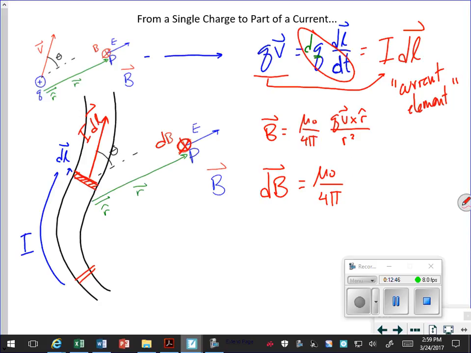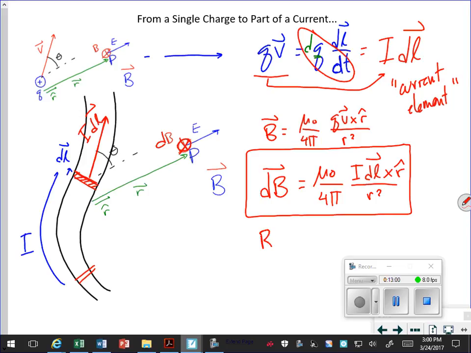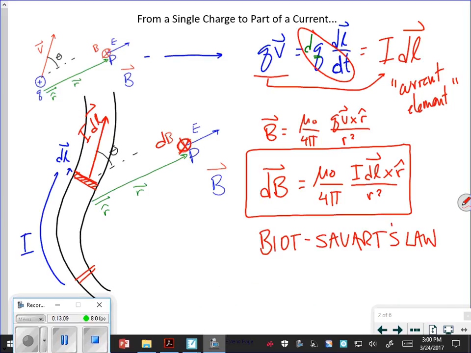Our QV turns into IDL. We keep R cross R hat over R squared. And this is referred to as Biot-Savart's law. It's not too elegant, is it? But that's it.